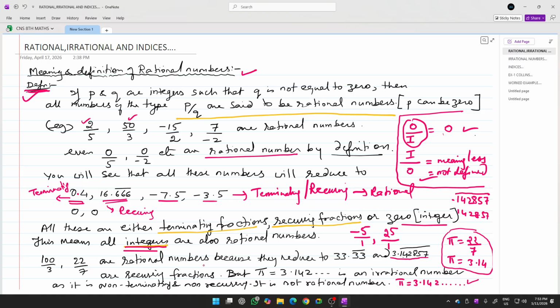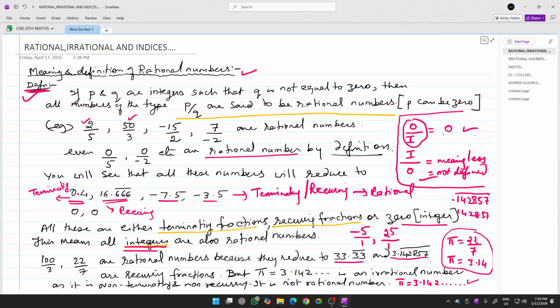Now 22 upon 7 is a rational number because when you reduce it, you will get, like 100 upon 3 will be 33.33, which is recurring. And 22 upon 7, when you reduce it, you will get 3.142857 and after that you will get 142857 again. So it is recurring, so these are taken as rational numbers.